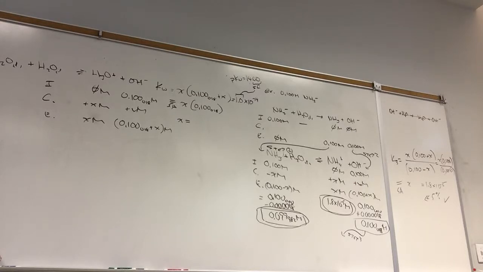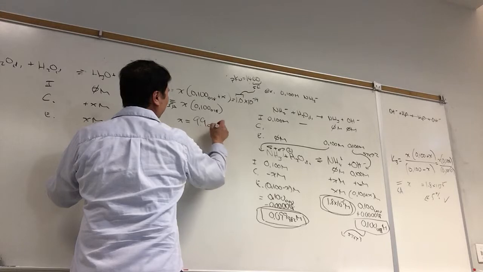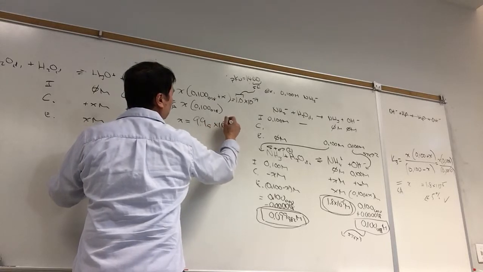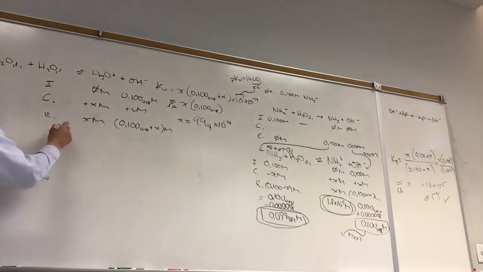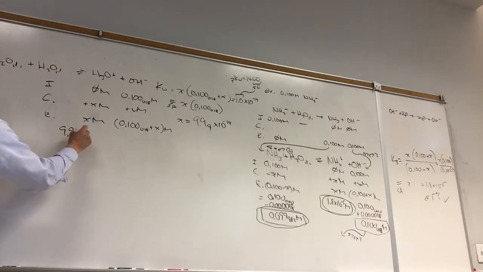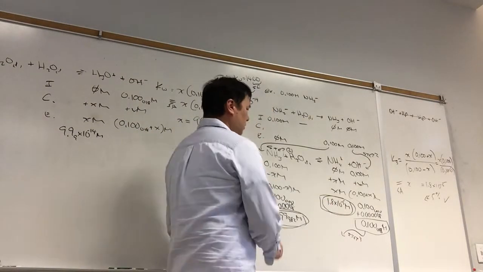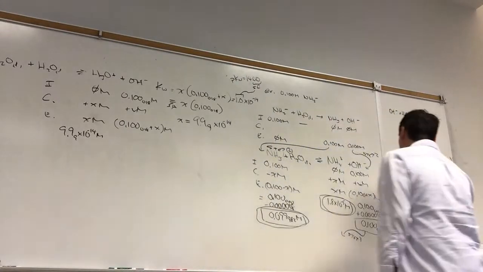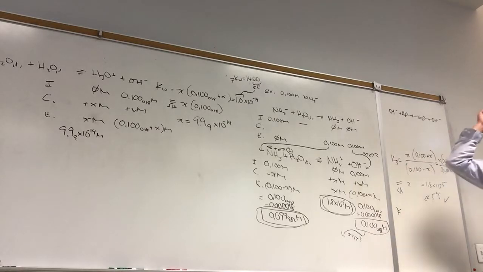And so what is X? Okay, 9.99 times 10 to the minus 14. It's a very small contribution. And so this is going to be 9.9 sub 9 times 10 to the minus 14 molar. You know, we didn't double check. I forgot to double check this one. No. You should double check it before moving on to the next step. Otherwise, we waste time. If this step was wrong, we'd have to fix the next step.